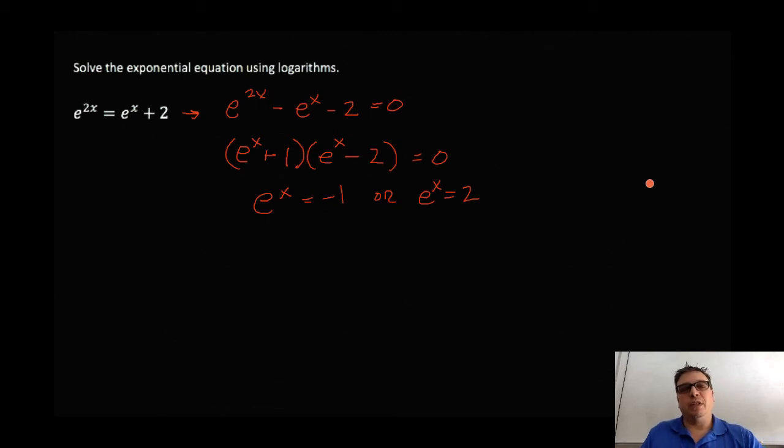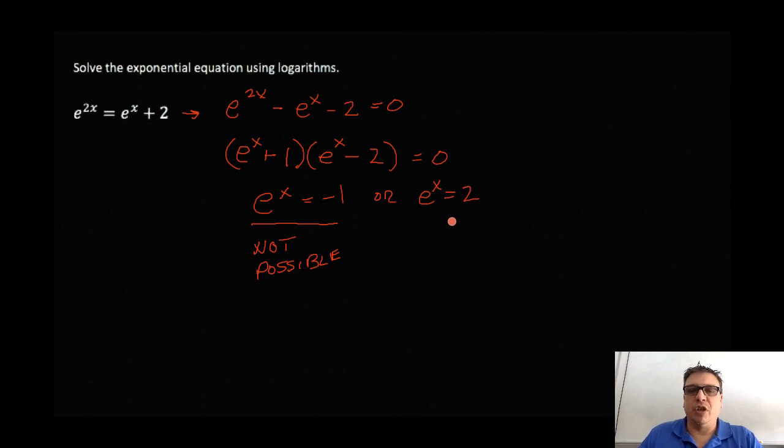Now, based on the definitions and what we already know about exponentials, based on the way that this is set up, no value of x will give me a negative number. So that means this right here is not possible. The only way that I could have this become negative is if there was a negative in front. So this is an extraneous solution. Now what we need to do is use our definitions like we did before of the log.